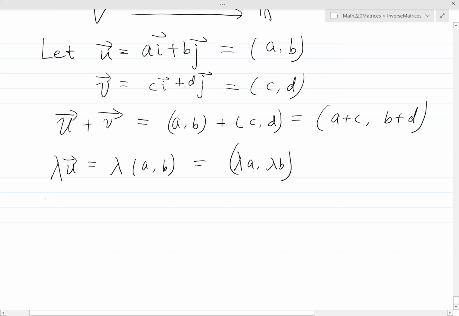Then it's trivial to check. If we have a collection of vectors that satisfies similar properties, then it forms a vector space. It's trivial to check the operations. 1, u plus v is commutative.